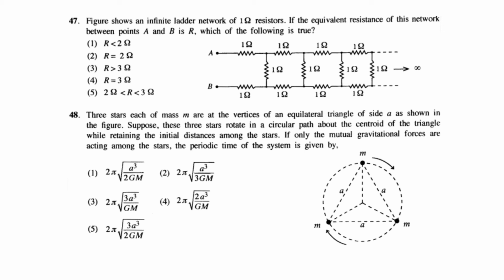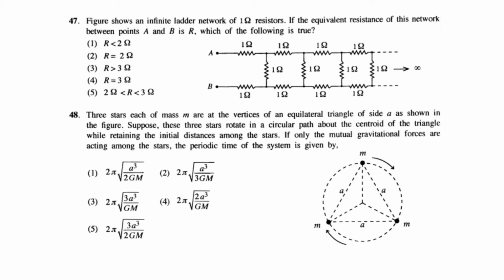So definitely the total resistance of this network must be greater than 2 ohm. That is 1 ohm connected to A plus the resultant of the network of other resistors plus the 1 ohm connected to B. So definitely the resultant would be greater than 2 ohm.